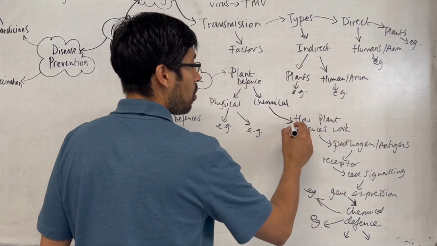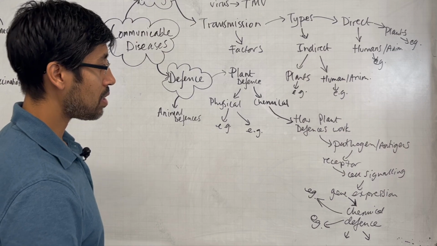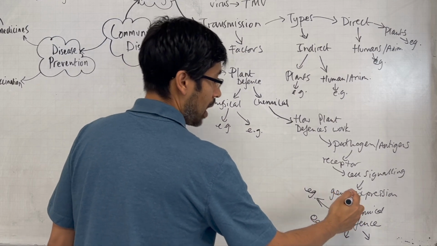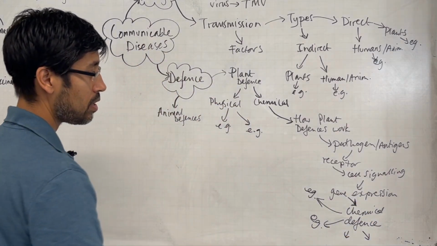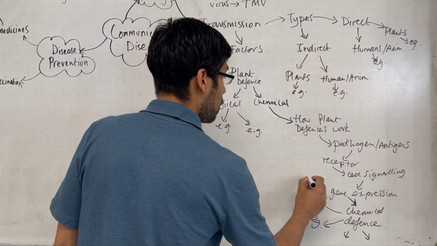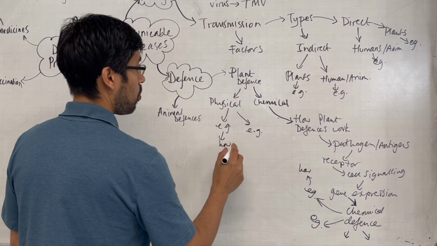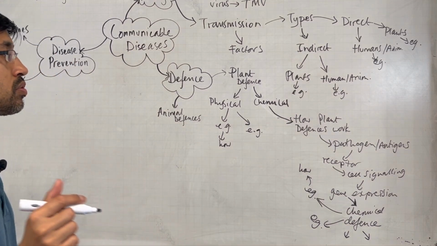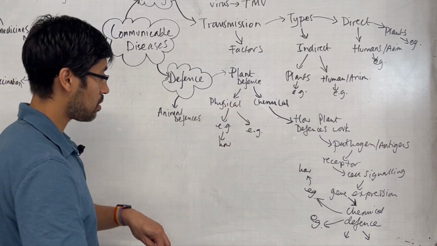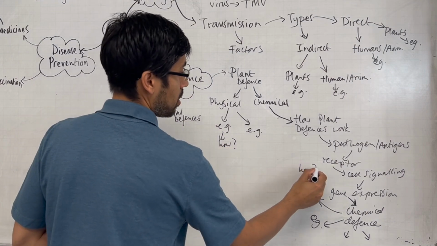It's useful to have an idea of the mechanism by which those chemical defenses might be stimulated, produced, induced, and then have some idea of what those chemical defenses are and how they reduce the chance of infection, how they reduce the risk of the pathogen spreading throughout the plant or spreading to other plants. So how it works.